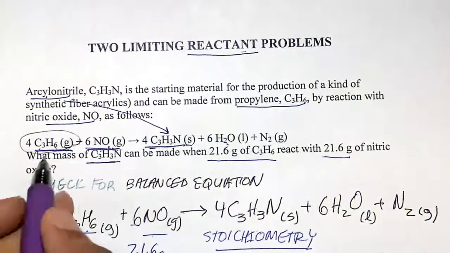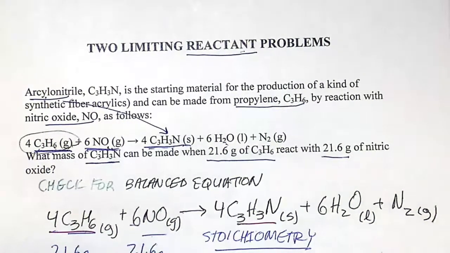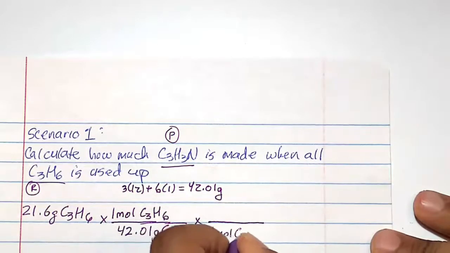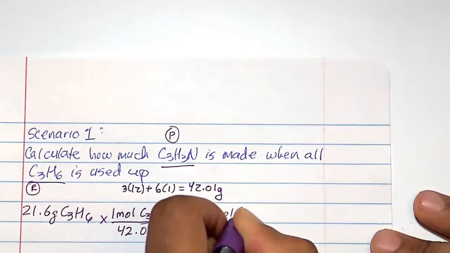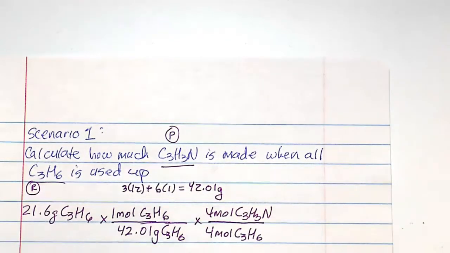We know that for every 4 moles of C3H6, there are 4 moles of C3H3N, because this equation is balanced. So for every 4 moles of C3H6, we have 4 moles of C3H3N. That is basically from our balanced chemical equation.